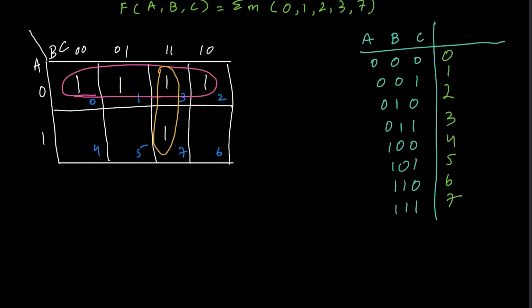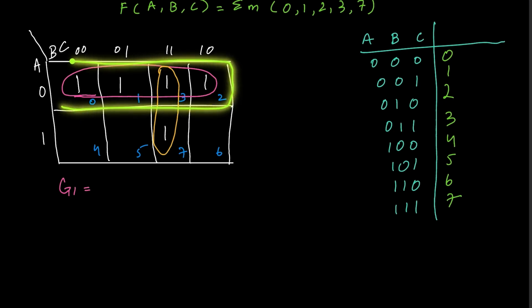Now it's time to solve the two groups individually. Firstly, we will solve the upper group, group 1. Here you can see there are four boxes. The group has four boxes, so we will write A, B, C four times.